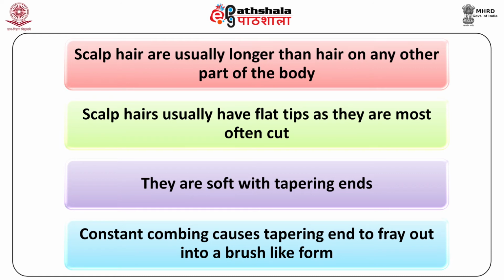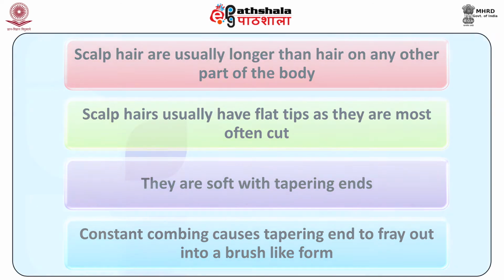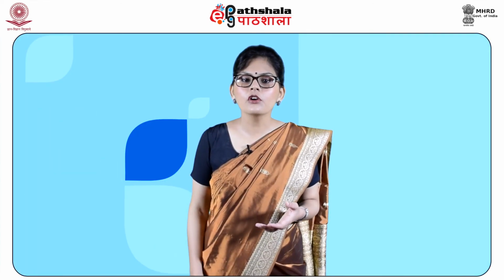They are soft with tapering ends. Constant combing causes the tapering end to fray out in a brush-like form. Periodical cropping shows sharp cut tips which become blunt and round about a week later. On cross section, the hair appears oval or circular in outline.